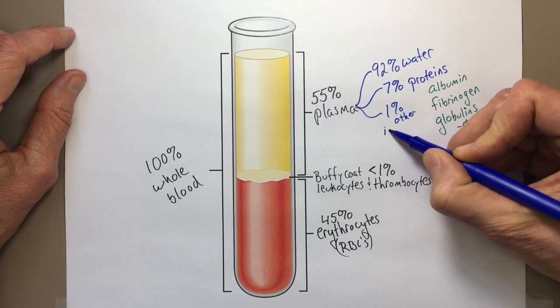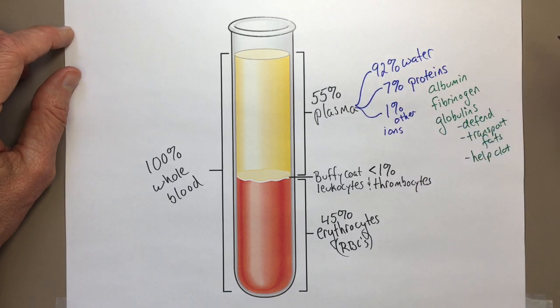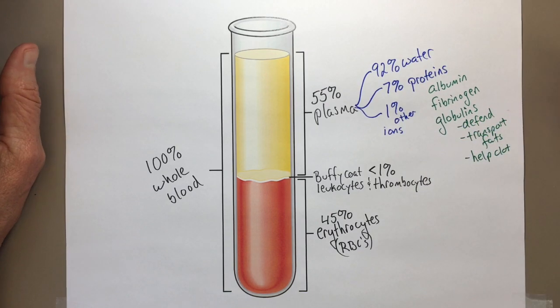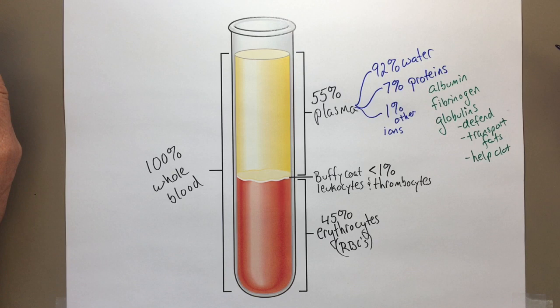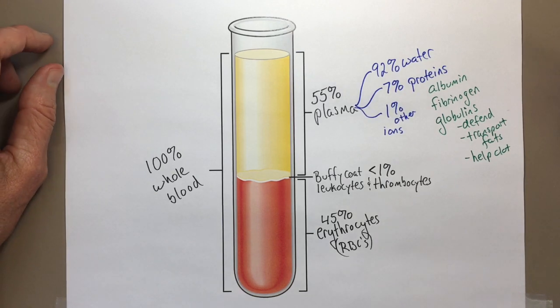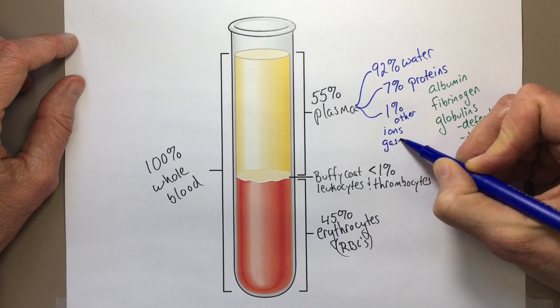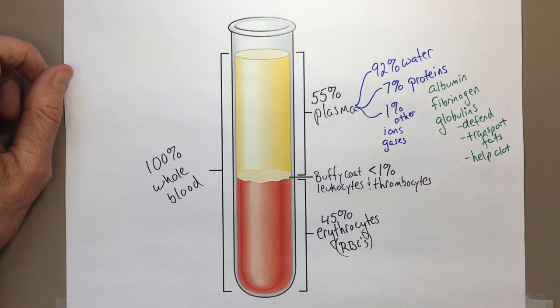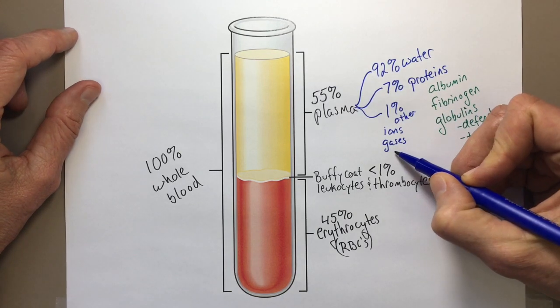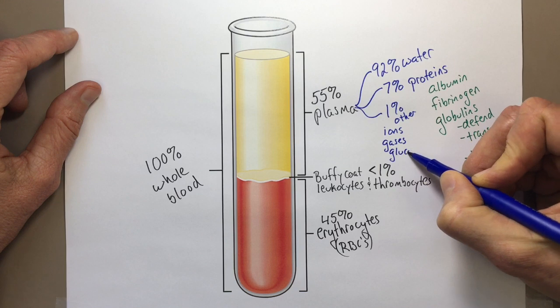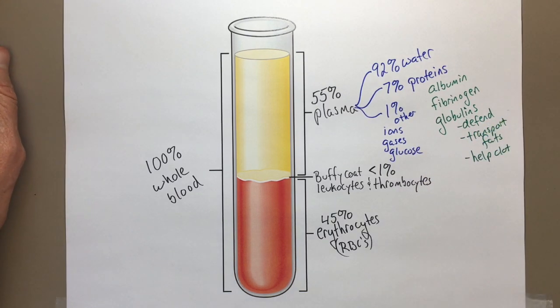Oh, things like ions, calcium ions, sodium ions, all those little charged particles that you learn about in chemistry. Gases like oxygen and carbon dioxide, those would also be in plasma. Glucose is a sugar. It's our preferred fuel for body cells. So those kinds of things would constitute that remaining 1%.